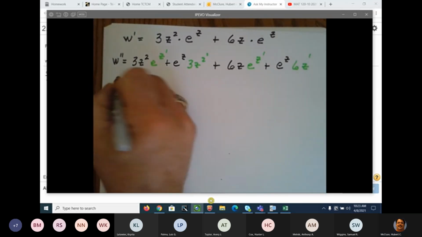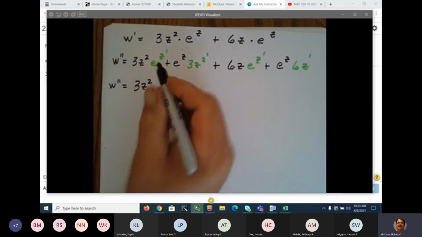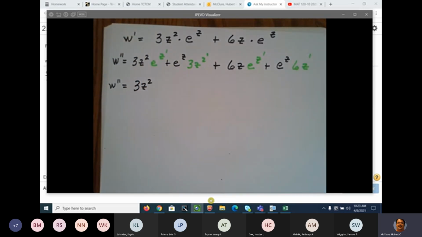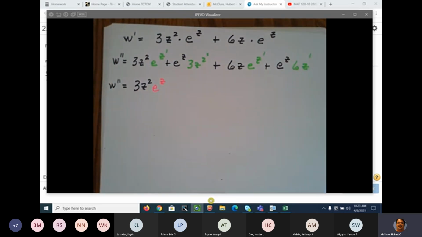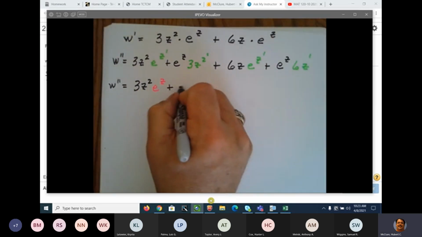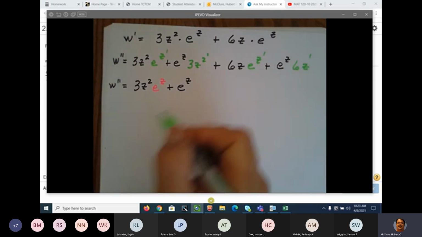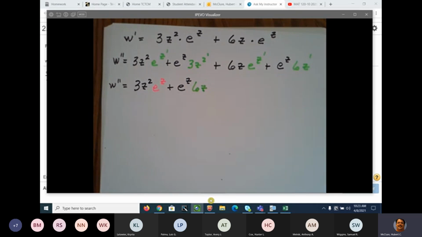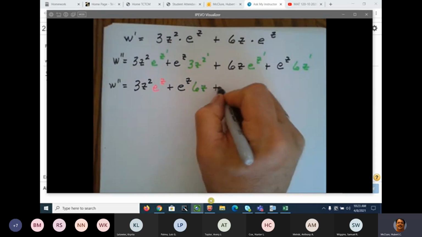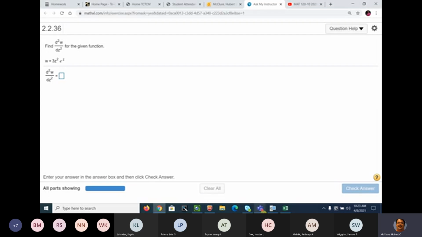W double prime: 3z squared times e to the z plus e to the z times what? 6z plus 6z e to the z.